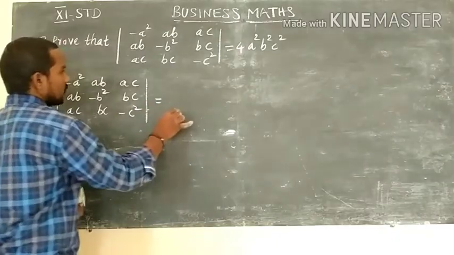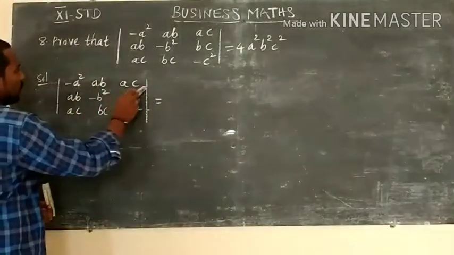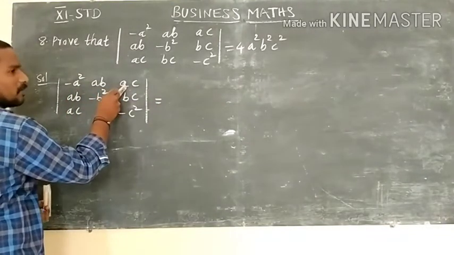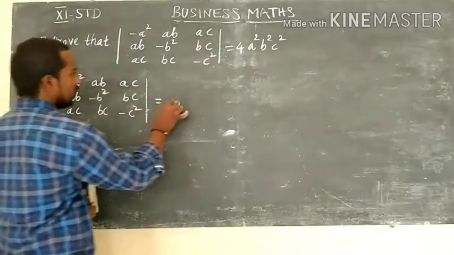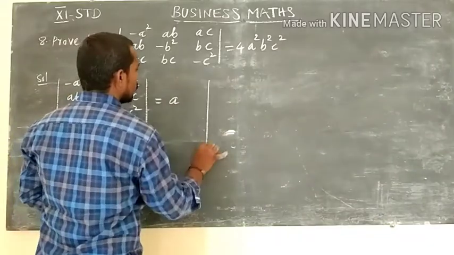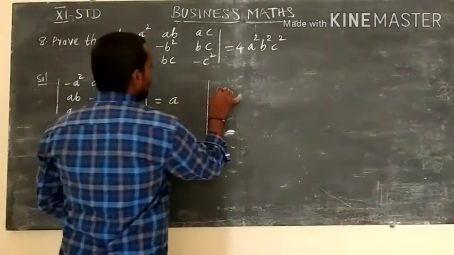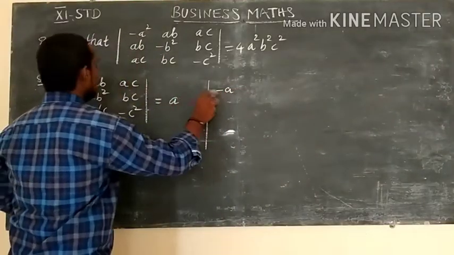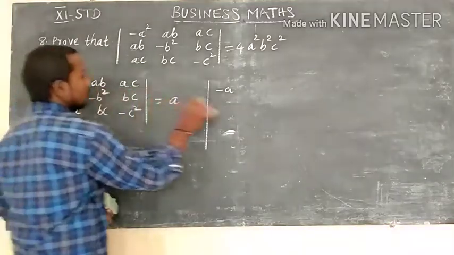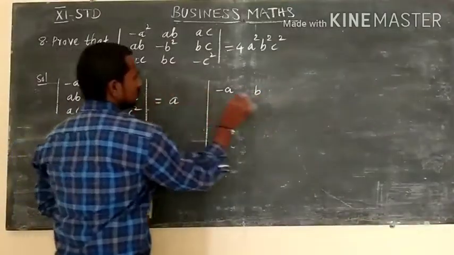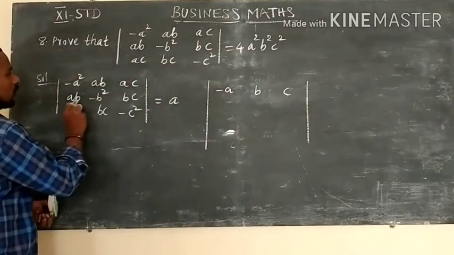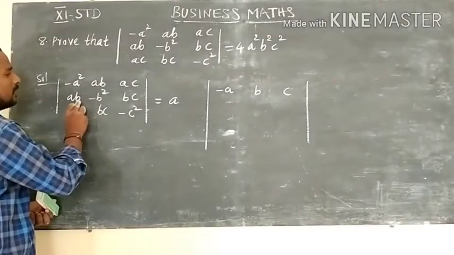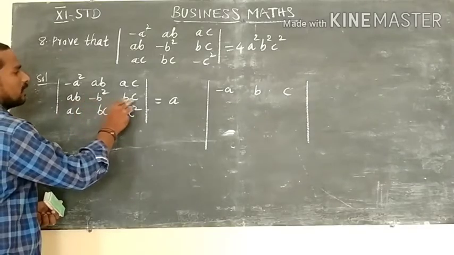Consider R1. R1 has the common element a, from a square, AB, AC. So taking a outside, the remaining terms are minus a, b, c. Then consider R2. R2 has the common element b, from AB, minus b square, BC.